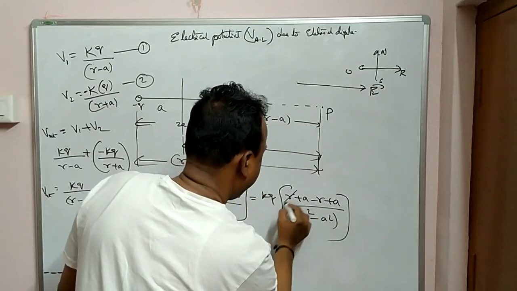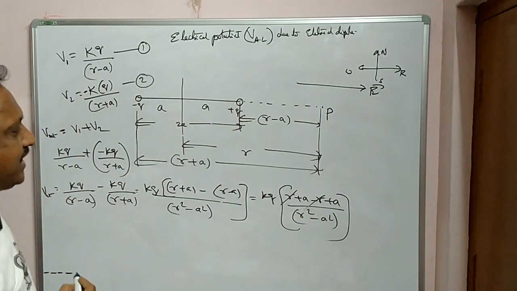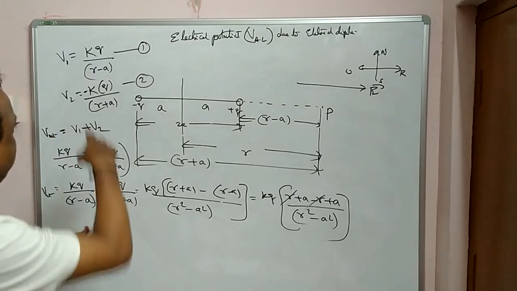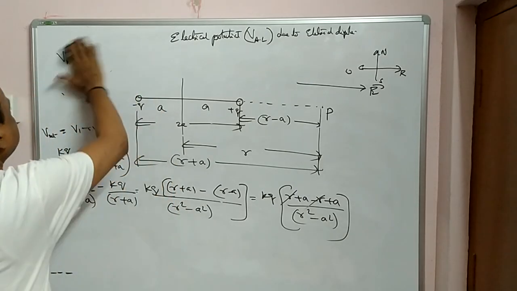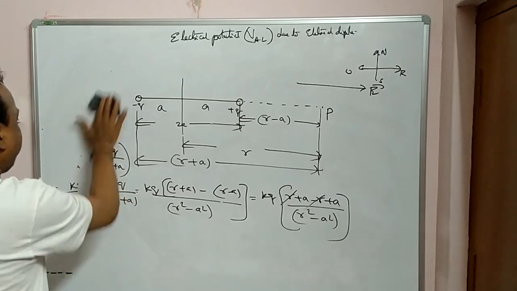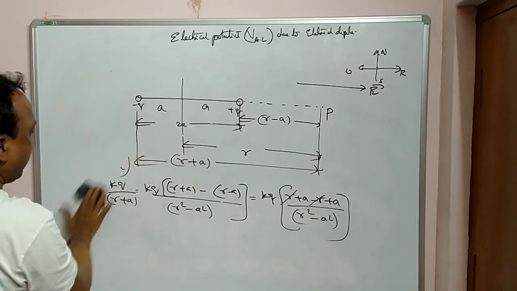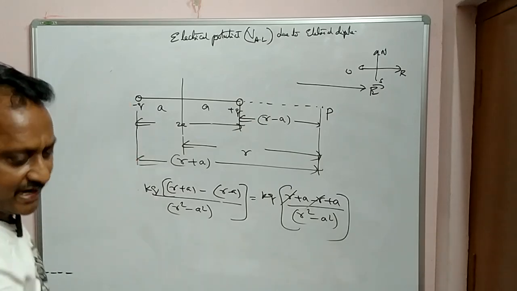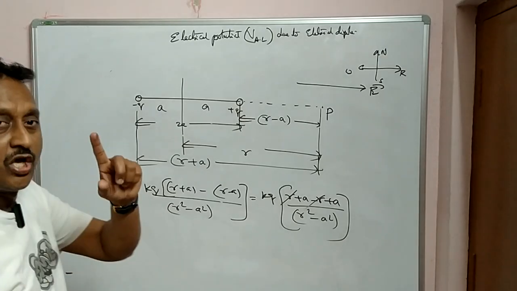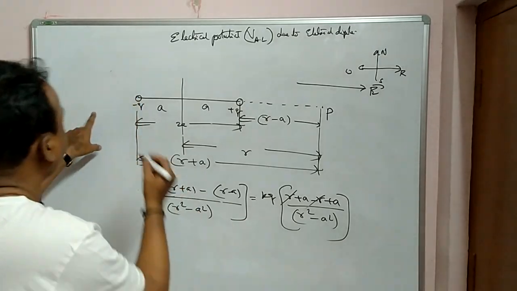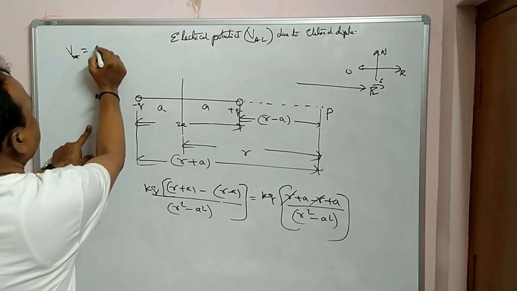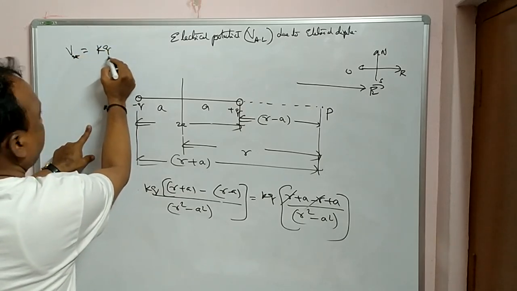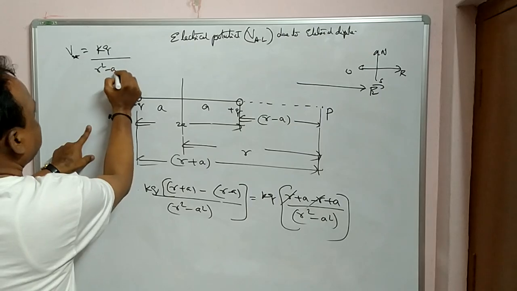Here plus r minus r will be cancelled. I am calculating V net, the resultant potential due to an electric dipole on the axial line, for long dipoles and also short dipoles. So V net is equal to kq by r square minus a square.